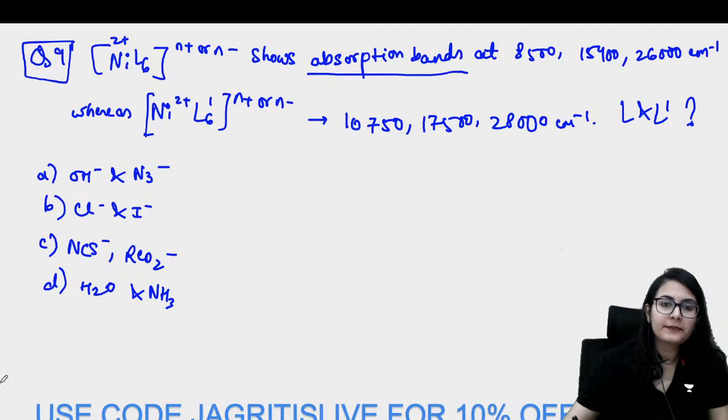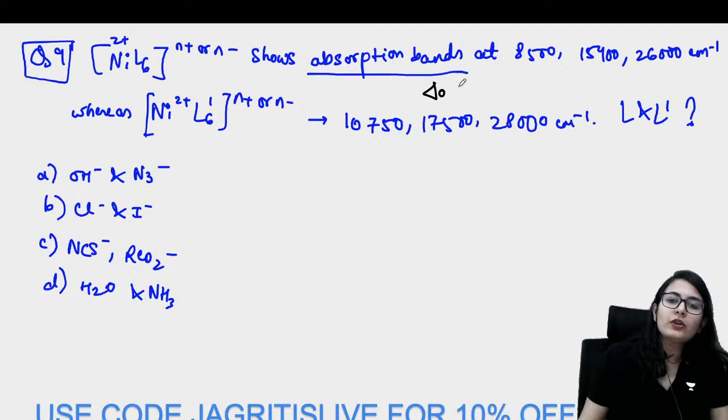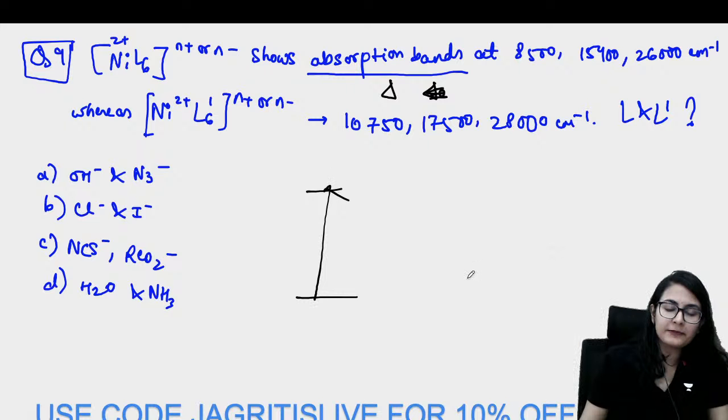Yes. So when I'm saying absorption bands, which means you're talking about the del O value, at least even if not the del O, you are talking about the delta value. That is your absorption maxima. Yes, that is your absorption maxima.